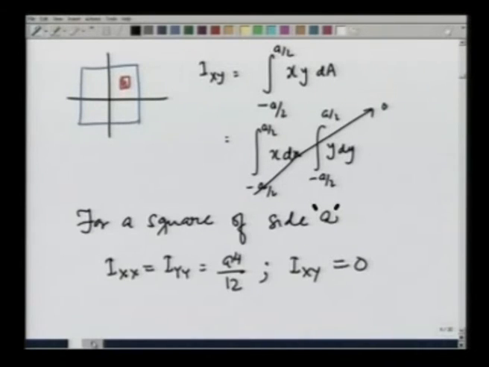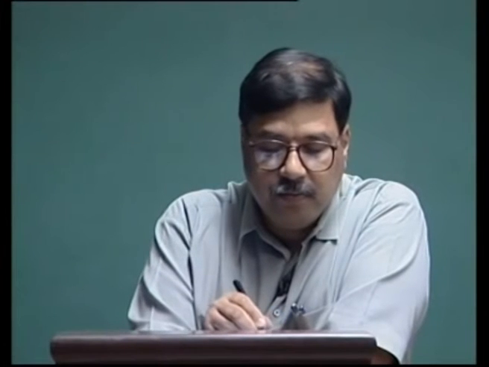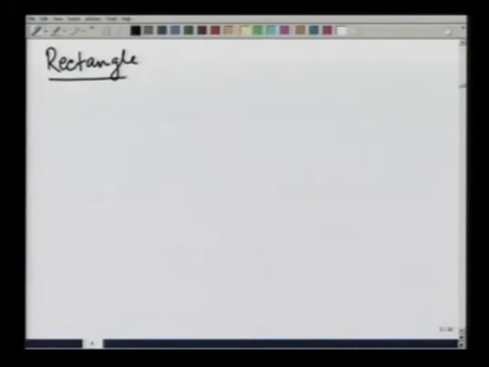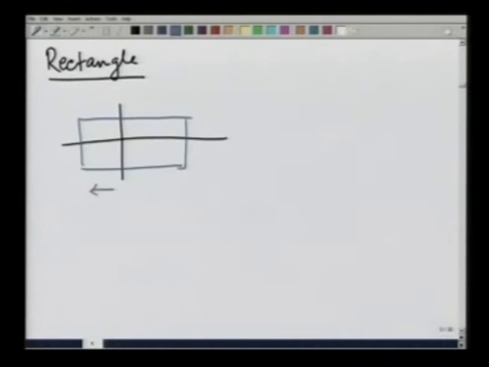As a second example, let me take a rectangle of length A and width B, placed symmetrically about the origin. So this side is precisely a by 2, and so is this. It's not made to scale, but please understand this is a by 2 divided on both sides, and I want to calculate Ixx.